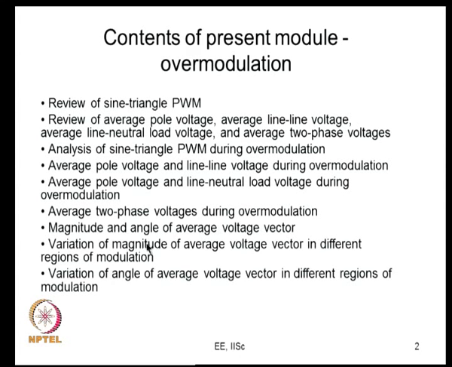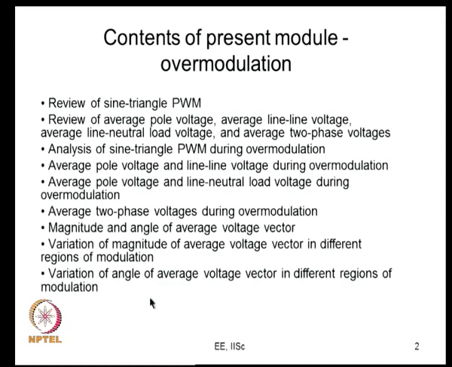And then we started looking at the magnitude and angle of the average vector. What we found was that the magnitude of the average vector starts varying initially, that is, when it gets into overmodulation. When the converter is slightly into overmodulation, there is not so much variation in the angle; the average vector continues to move more or less linearly with time, but the magnitude starts varying significantly.